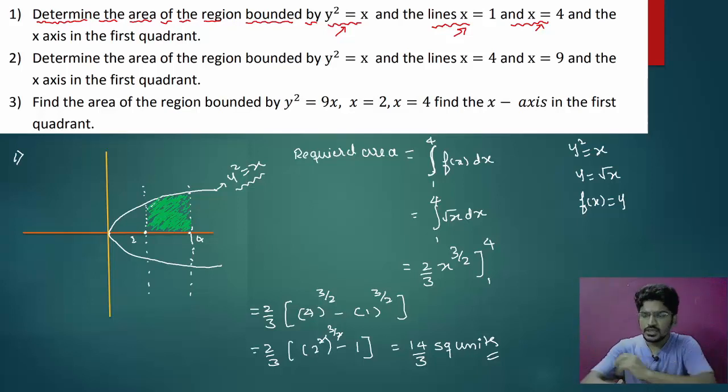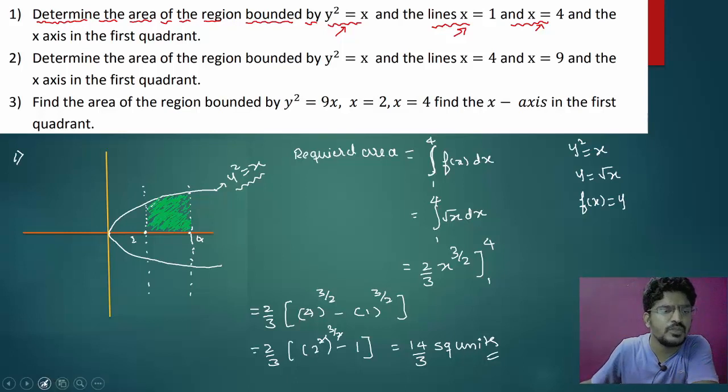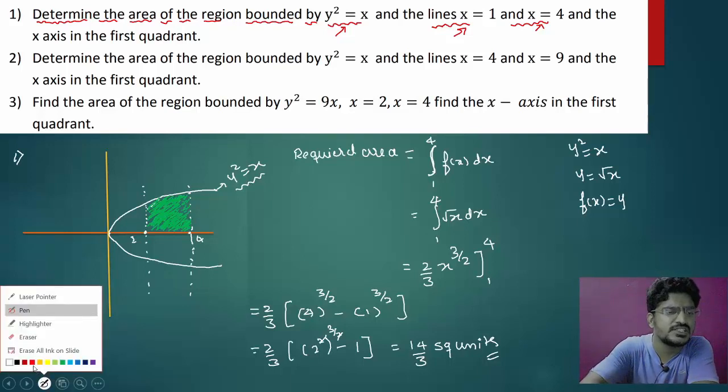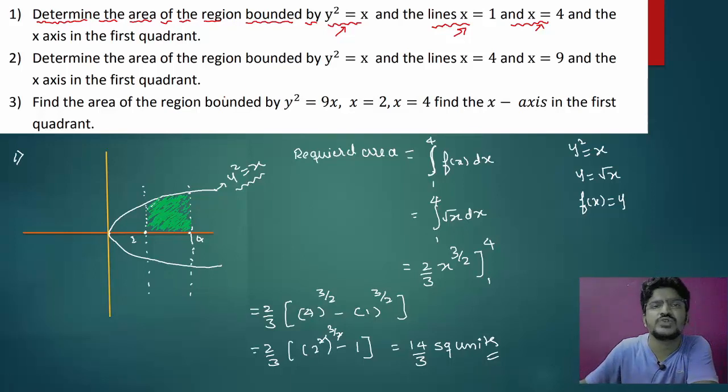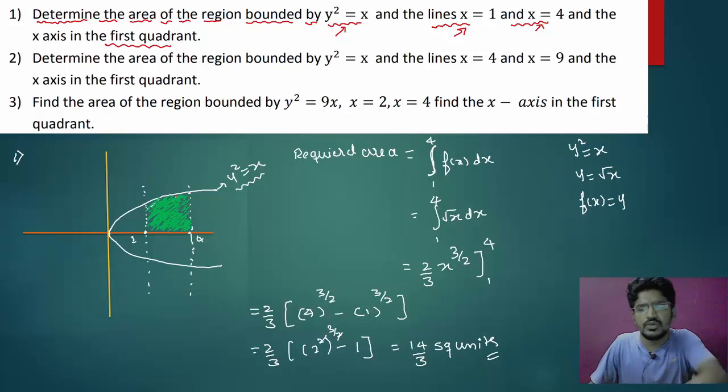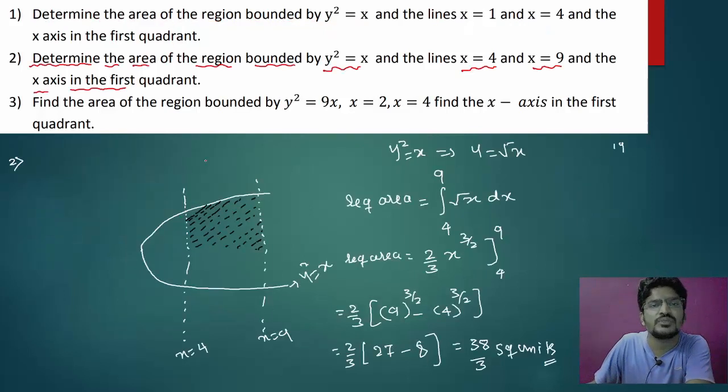Let us see yesterday's problems and discuss the problems which we have already solved in the previous class. Here they have asked the first quadrant, no problem. We have solved only in the first quadrant.